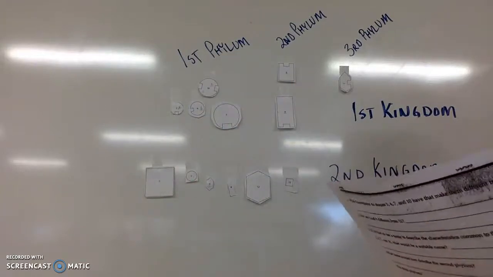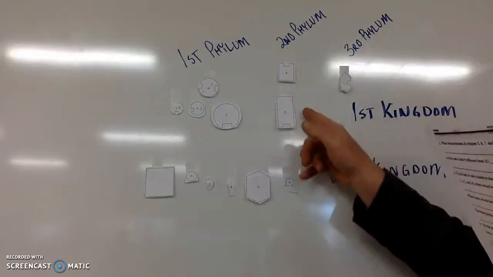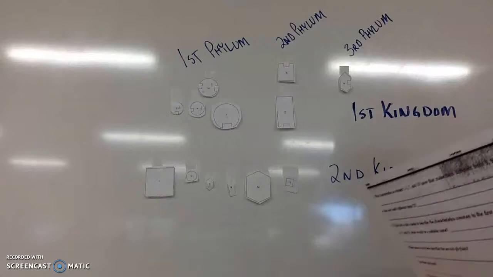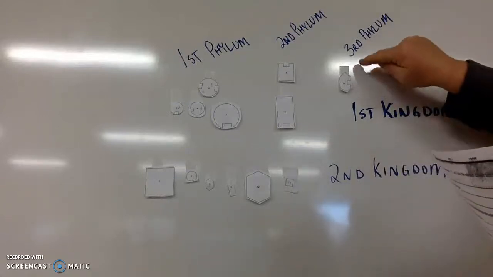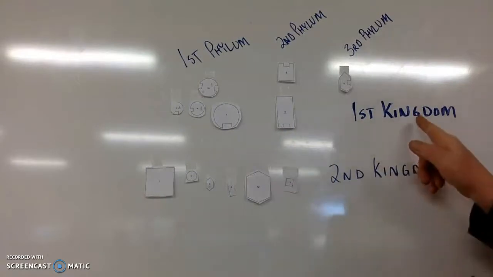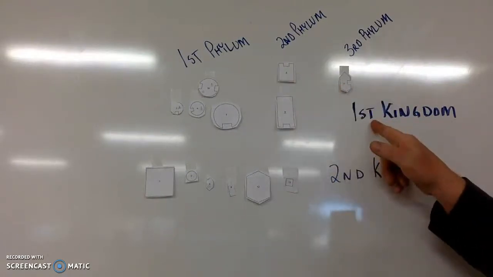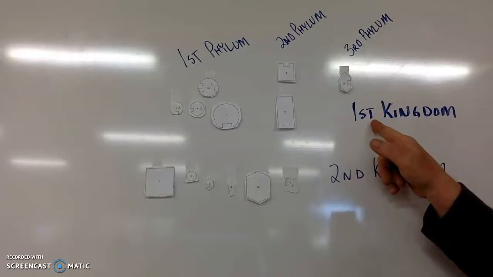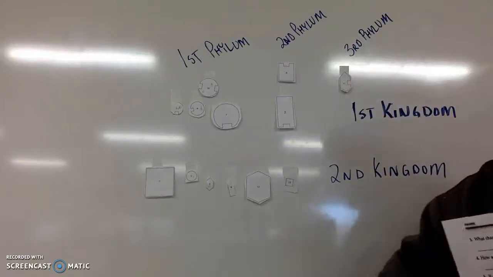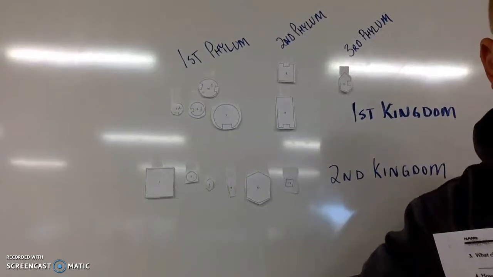And then it says group 6 and 9 into another group, and that'll be a second phylum. And then put shape 11 by itself, and that would be a third phylum. All of these phyla are under the first kingdom. So kingdom, phylum, and then we'll do the next step.